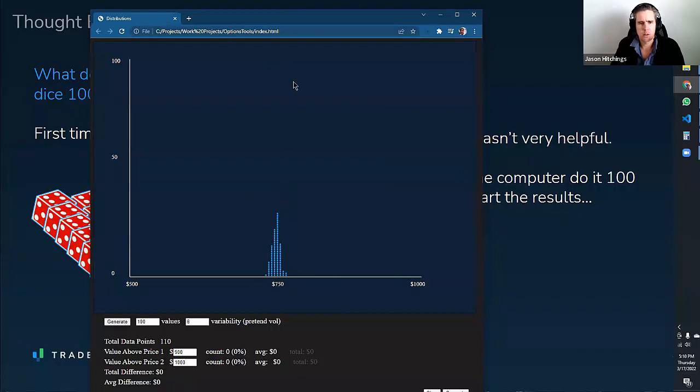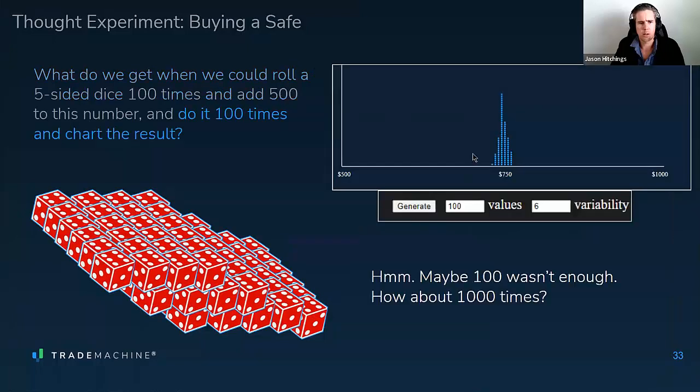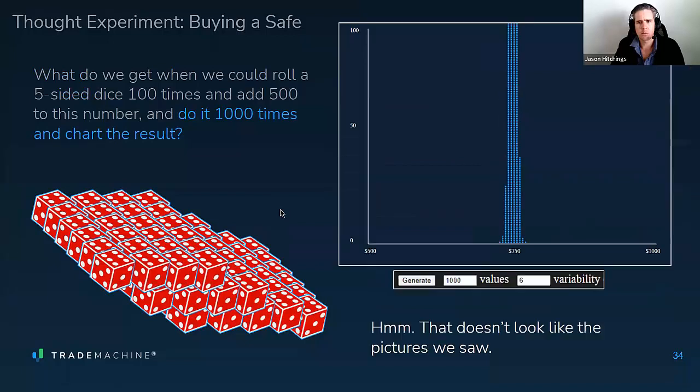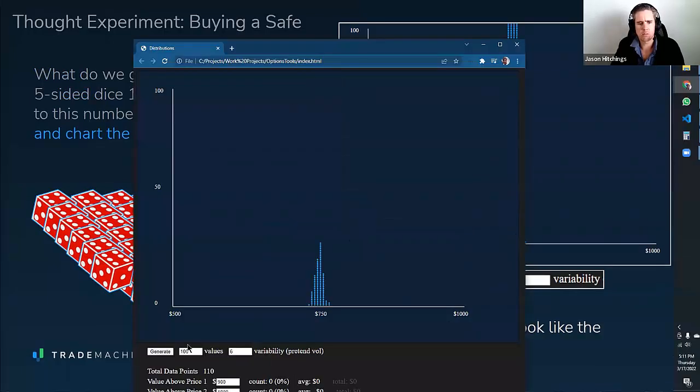It's forming some kind of distribution, but it's not exactly what we were expecting, right? Well, we could try doing it 1,000 times, and then we get something that looks like this. I can just generate these up until we get 1,000 values, and we see a distribution that's really centered around that $750.